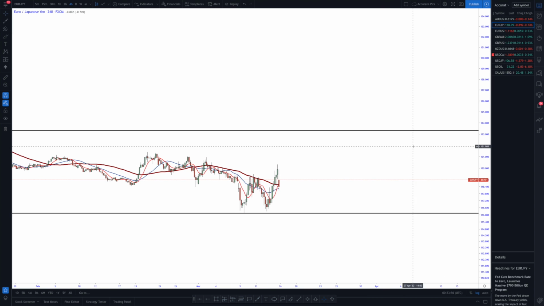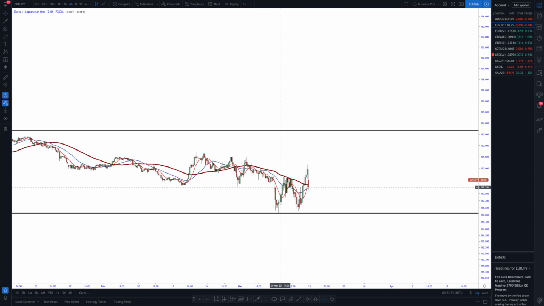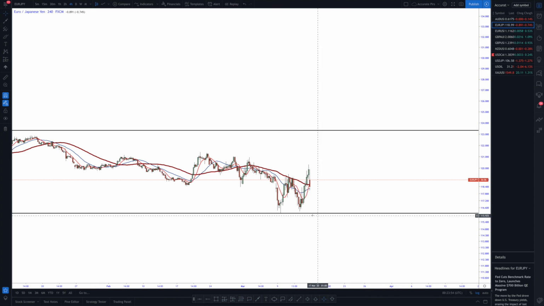The next setup I'll be looking at for this would be to see if we can come back around to this level again, down to the support area, see if it can hold, and look to get into a buy position if we see any candlestick reversal patterns.